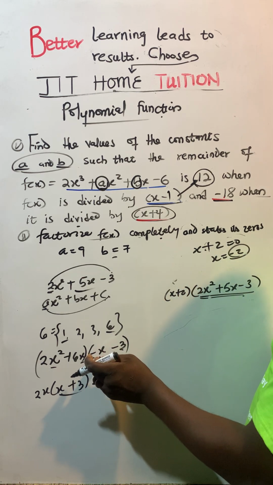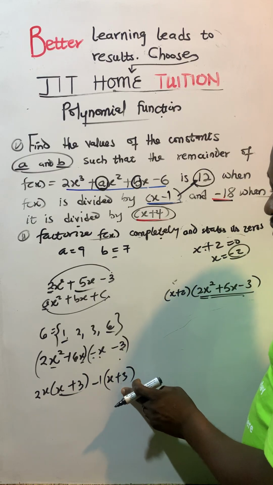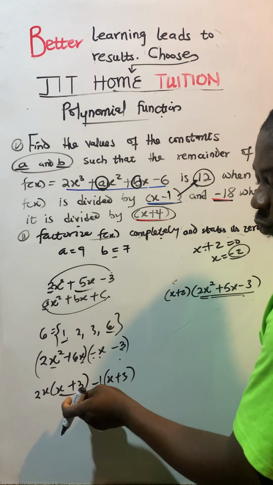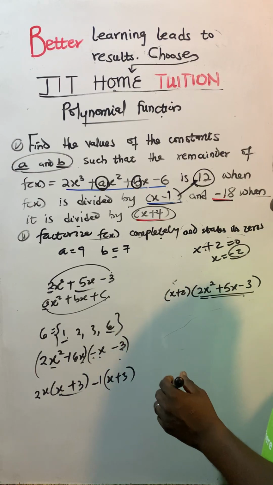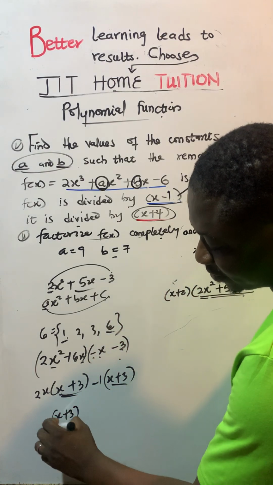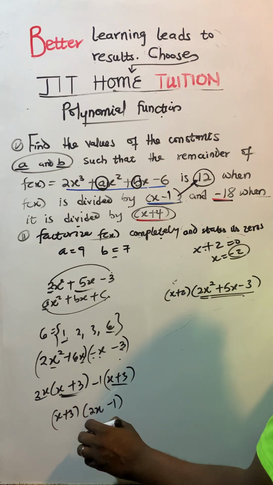So it's as though you are factorizing this one. But I tell people to write this one because obviously at the end of the day, what is inside here must be equal to what is inside here as well. So since they are the same, you write one of them, which is x plus 3. Then you pick the end, 2x minus 1.